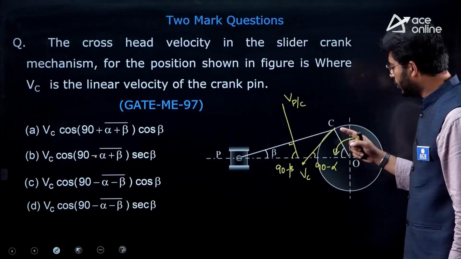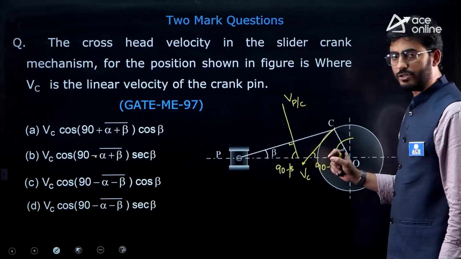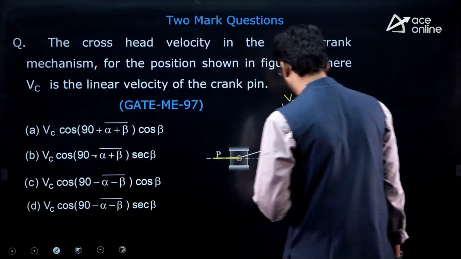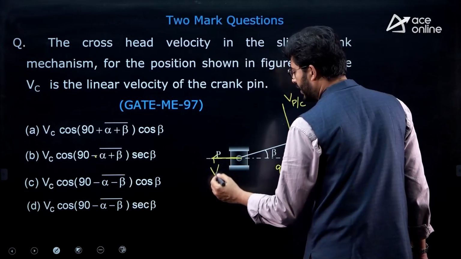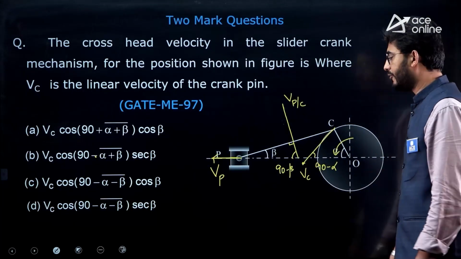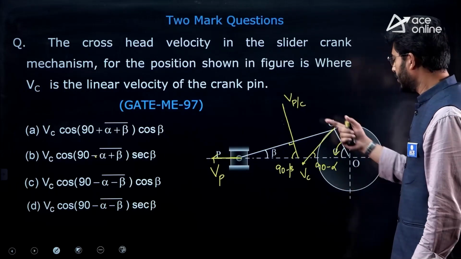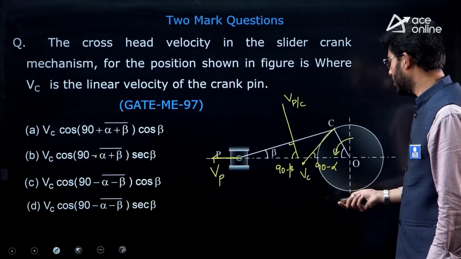So we have got two vectors: one is the velocity of the crank VC, the other is the velocity of the connecting rod, and the third vector is as per the direction of rotation of the crank. We can observe that the slider is likely to move towards the left side. This will be the velocity of the slider or the crosshead, and it is horizontal.